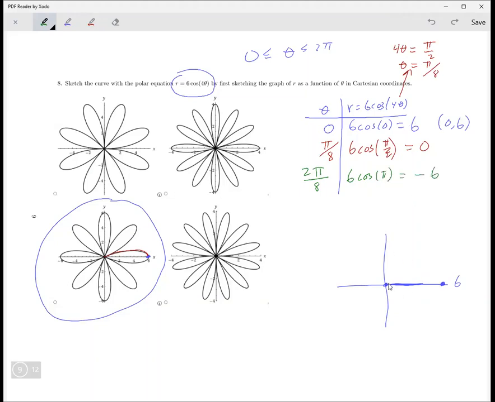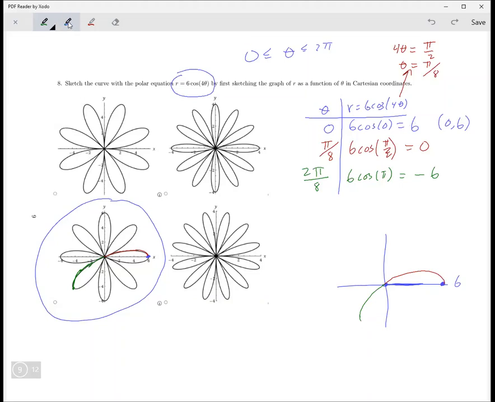So as you go from pi over 8 to 2 pi over 8, you're going from 0 to negative 6. So you're actually tracing through this part of it.